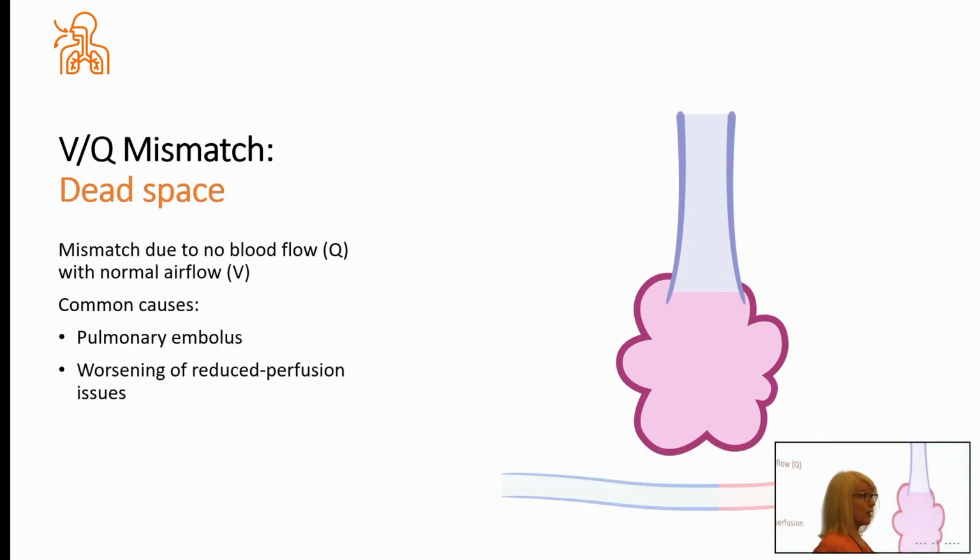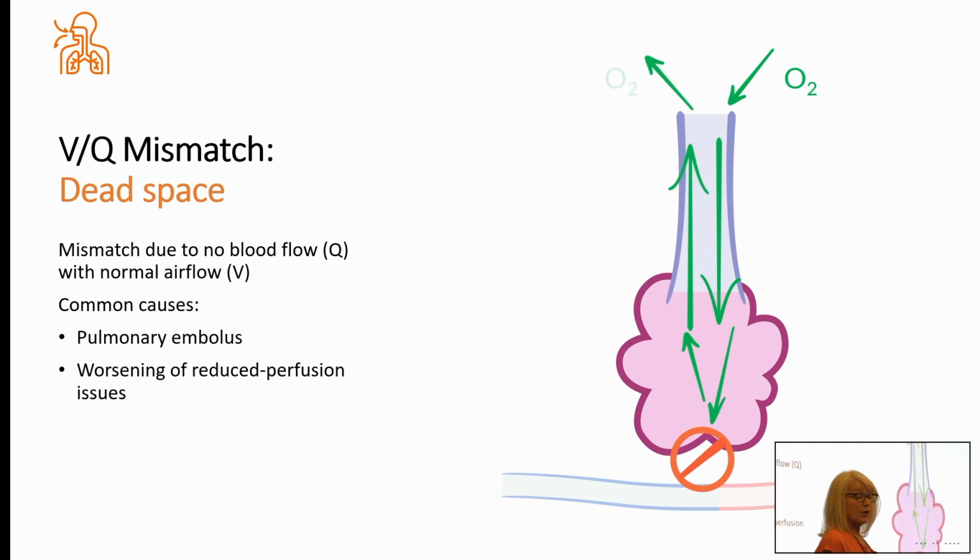Now, of course, we've got to look at a more severe condition, or if your perfusion worsens, you might develop areas of dead space. An area of dead space is where you have normal ventilation but no lung perfusion. So in this scenario, oxygen is inhaled, goes into the lungs, everything's good, but it can't get into the bloodstream at all because there's no perfusion to that part of the lung.